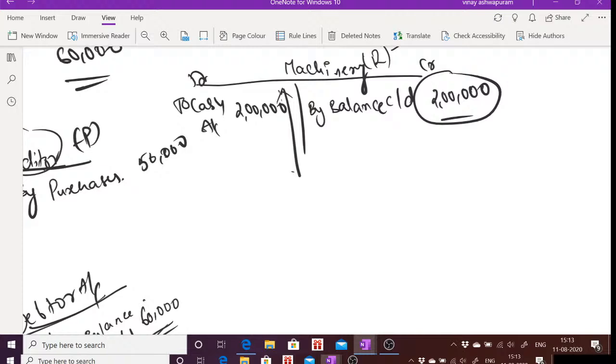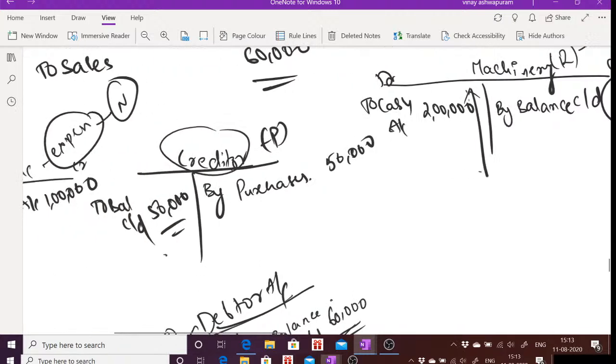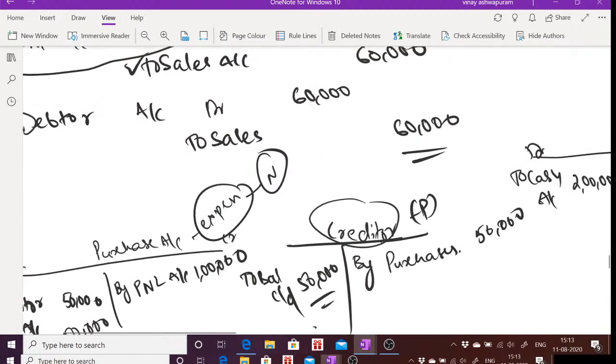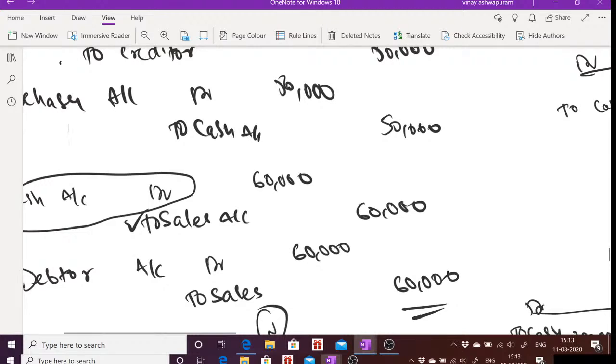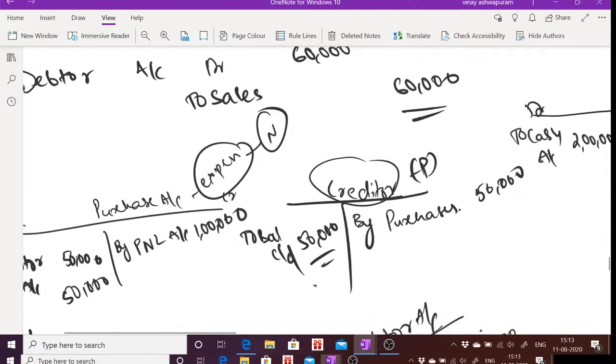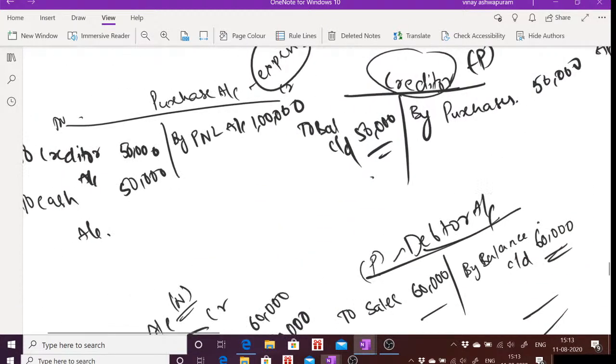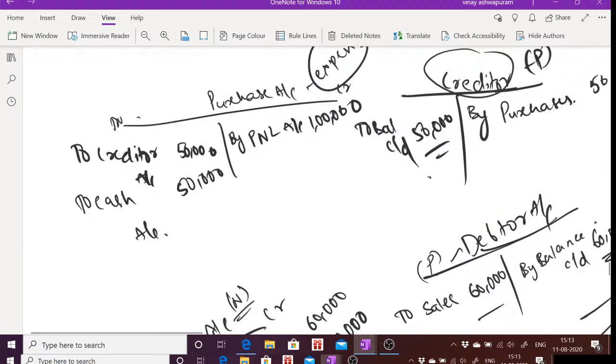Then next, purchases, which is showing a debit balance. Even if you transfer it to the profit and loss account, write the balance amount. It is 1 lakh rupees.